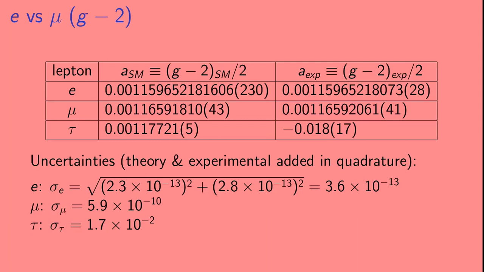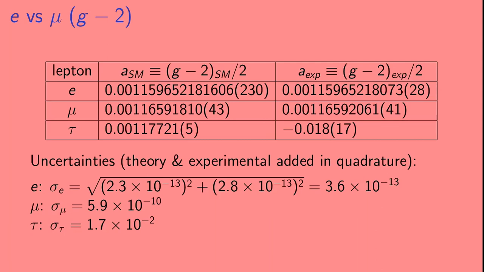So let's say we're interested in the difference between the predicted value and the measured result for A E. To get the uncertainty on that number, which we call sigma E, we take the uncertainty on the standard model prediction, which is 2.3 times 10 to the minus 13, the number shown in parentheses, and add that in quadrature with the experimental uncertainty, which is 2.8 times 10 to the minus 13, the other number in parentheses.